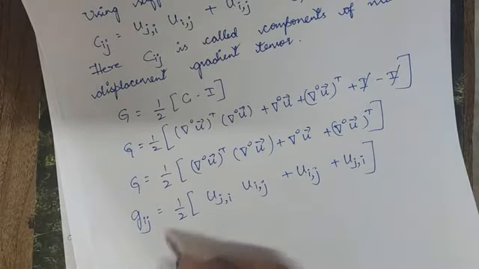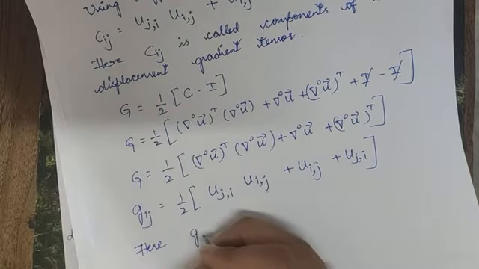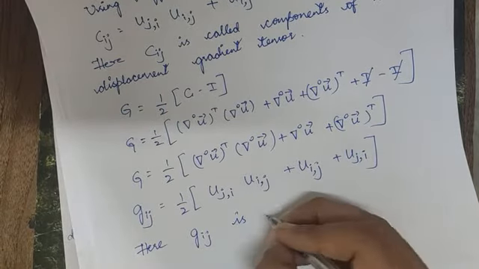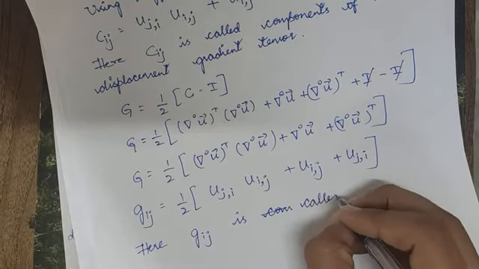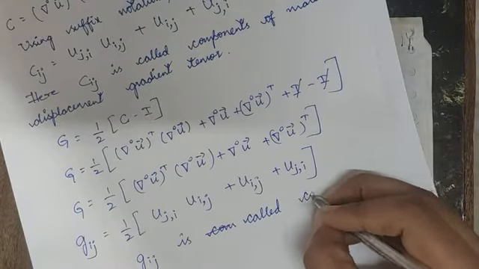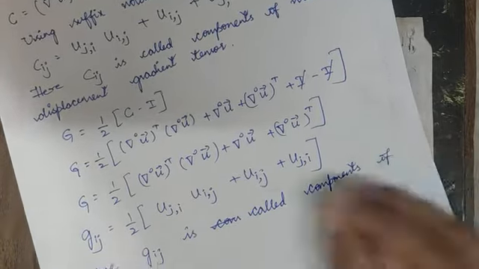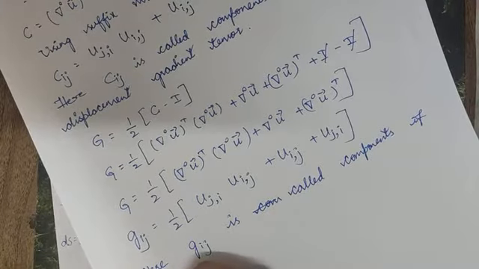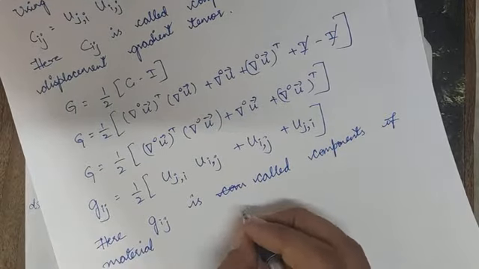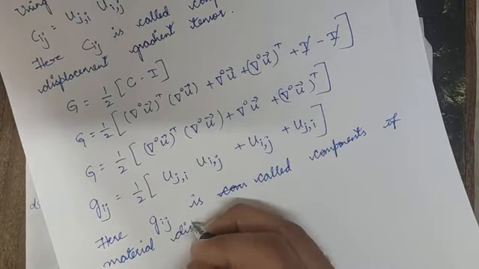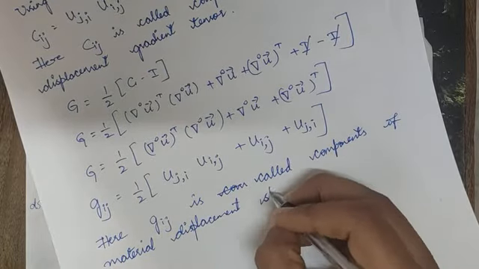This is nothing but G ij, called the components of the material displacement strain tensor.